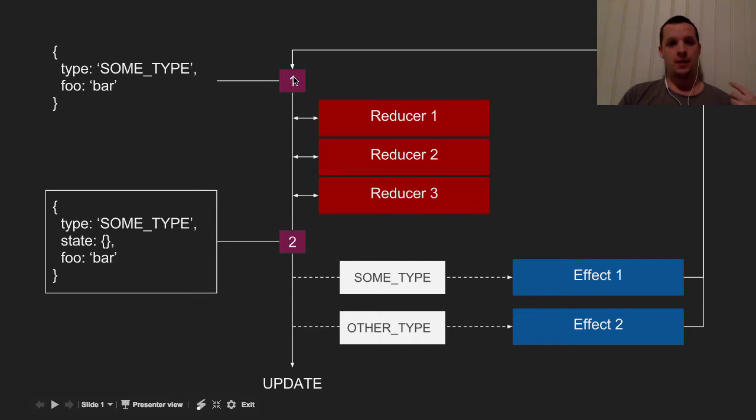So on the first step, it will send this action into all the registered reducers of the application. And each reducer handles a scope of the state tree where it can change that state and return it to the complete state tree of the application.